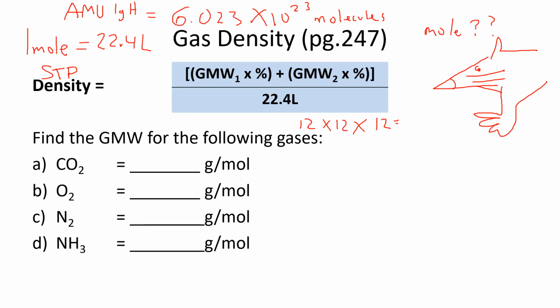If it's hydrogen gas, H2, if I measure out 2 grams of hydrogen gas, I know that I will have 6.023 times 10 to the 23rd molecules of hydrogen. So the atomic mass unit tells you how much you need to measure in order to get 1 mole. Exactly 1 mole of molecules.